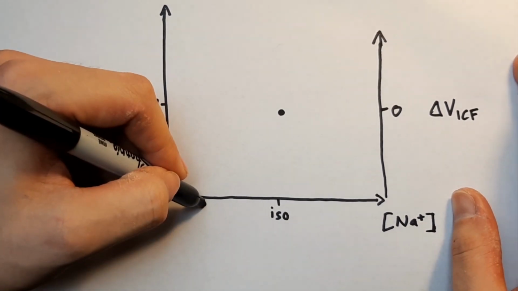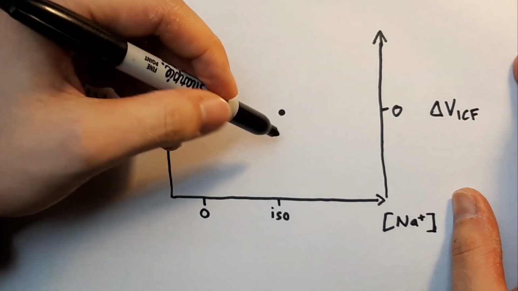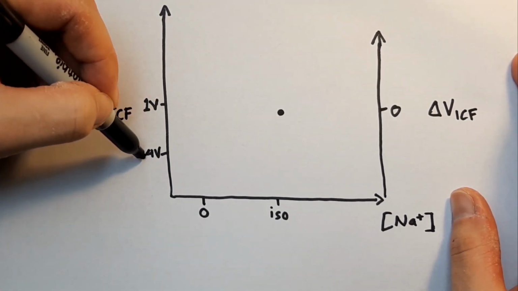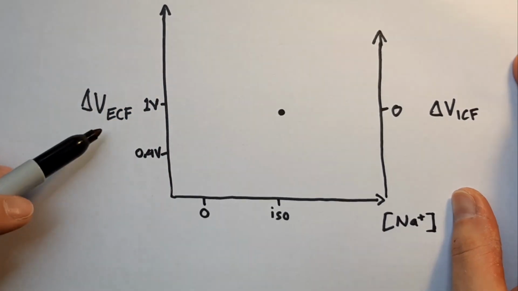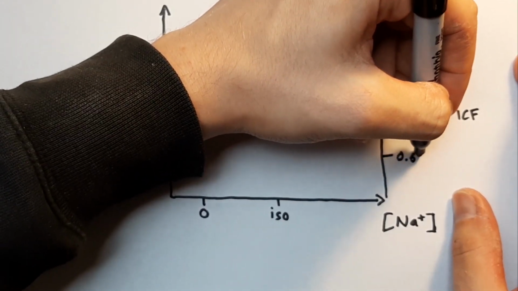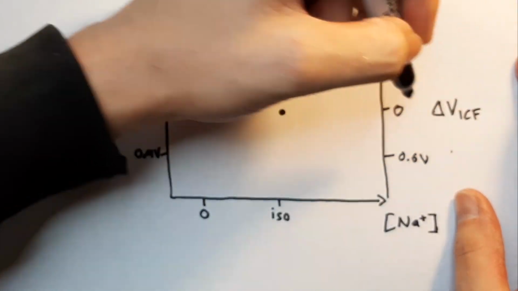Let's say you gave pure water, like somebody just drank pure water, you would get about 0.4 V going into the ECF and 0.6 going into the ICF, even more going into the ICF.